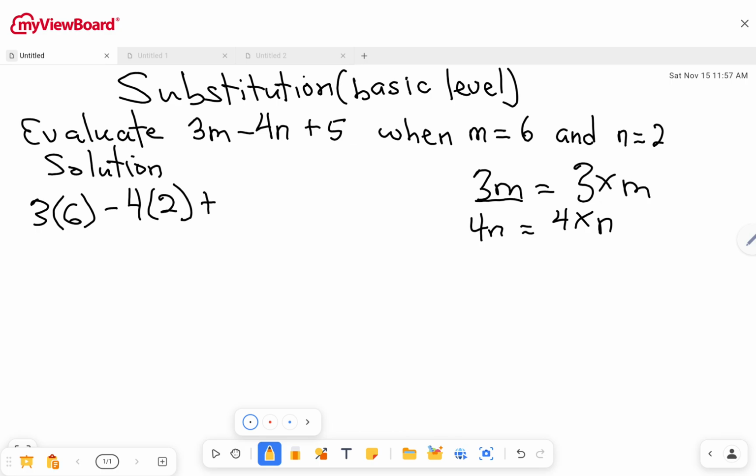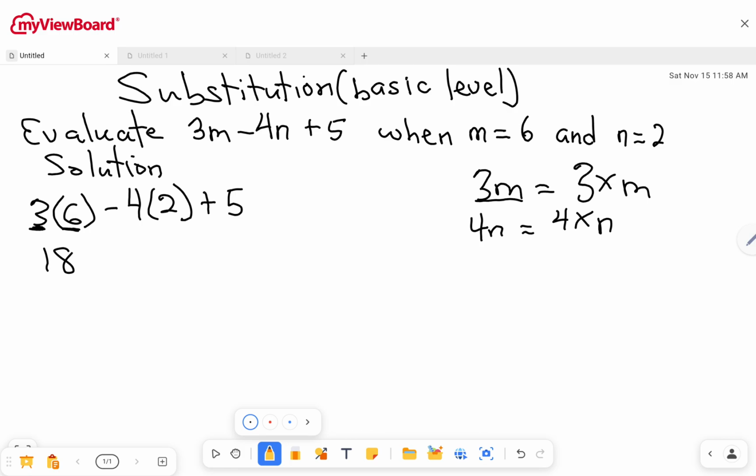Then I'll add this 5 to it. Now 6 times 3 is equal to 18. Now, if you see a number attached to a parenthesis, it means the number is multiplying whatever is in the parenthesis. So in this case, this 3 here is multiplying this 6.